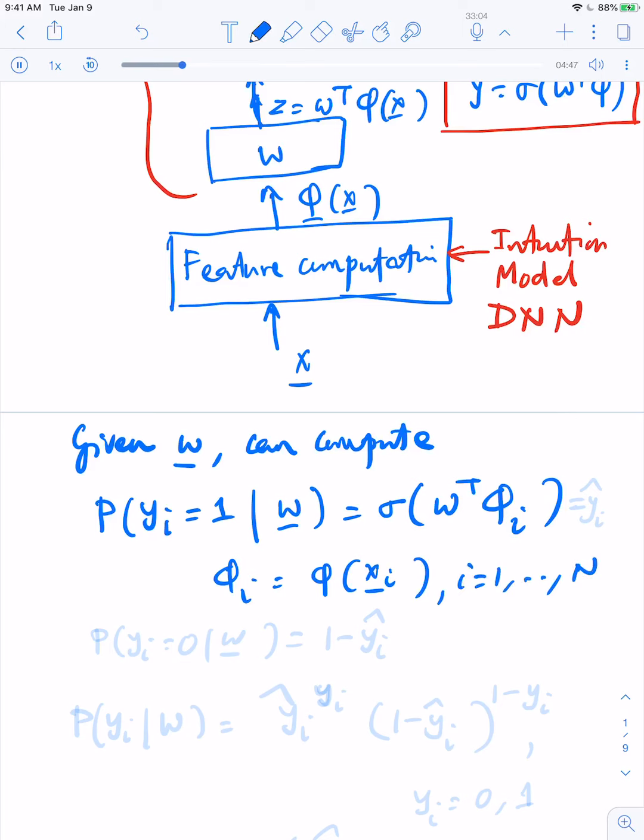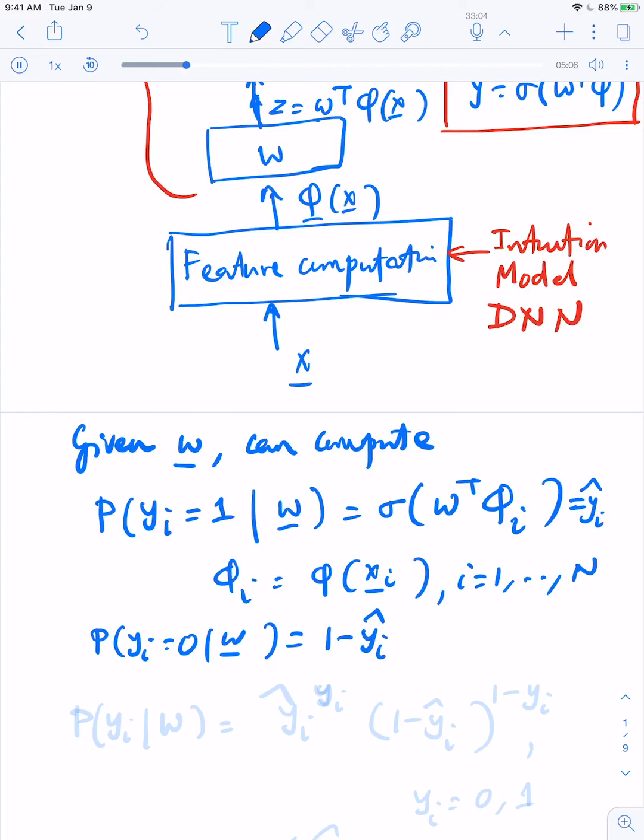So of course, and I'm going to call this yi hat, right? So given a W, you can compute these yi hats, and then which means of course, that the probability of yi equals 0 given W is 1 minus yi hat.